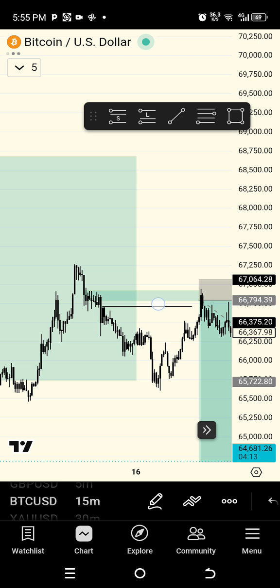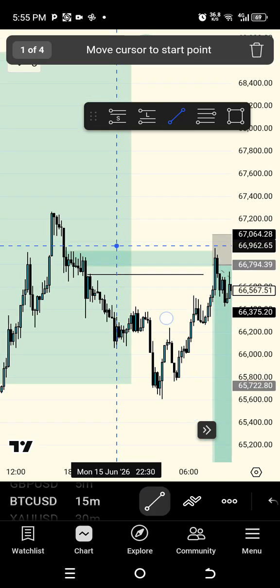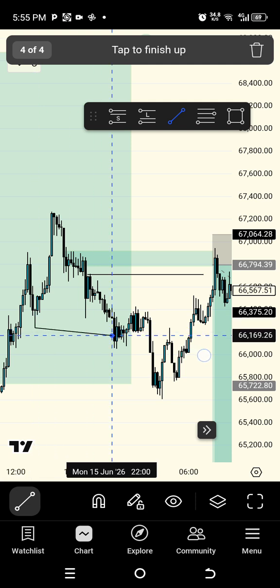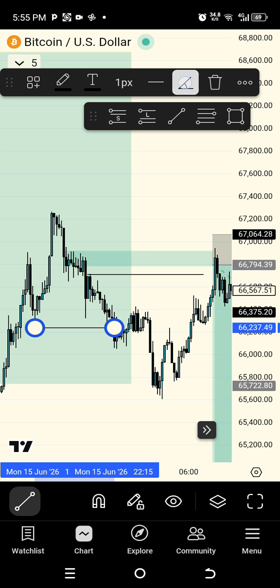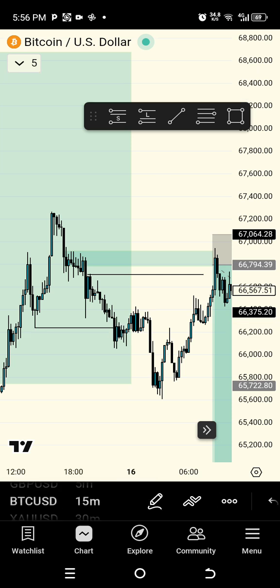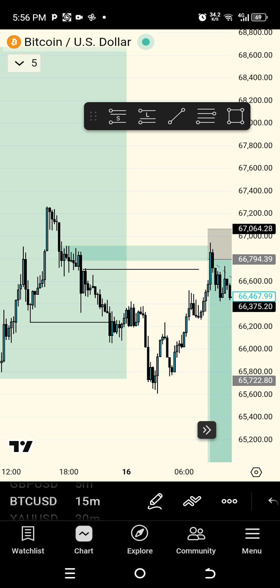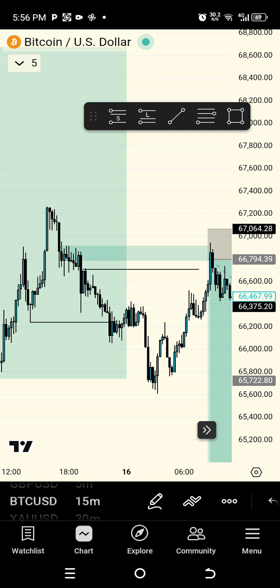So this is it here. This is a breaker block. Price made a market structure shift, some say market structure shift or change of character, whatever you call it. After tapping this POI, I got my inducement, which is this level on my POI here.